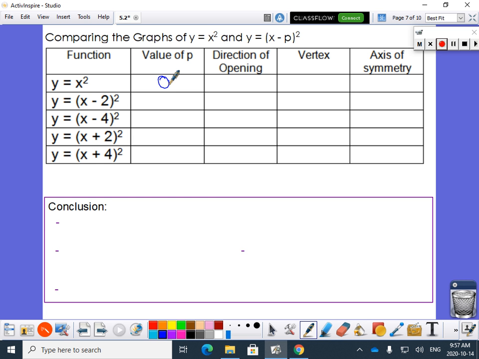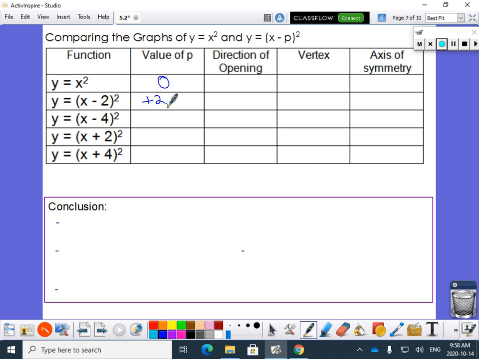Okay, so this is where it gets confusing. Remember, this here is standard form. Hopefully this will make more sense. This is the equation that we have to plug p into, so this minus is always here no matter what. So really, p in this case is positive 2, and that's where it can get confusing.